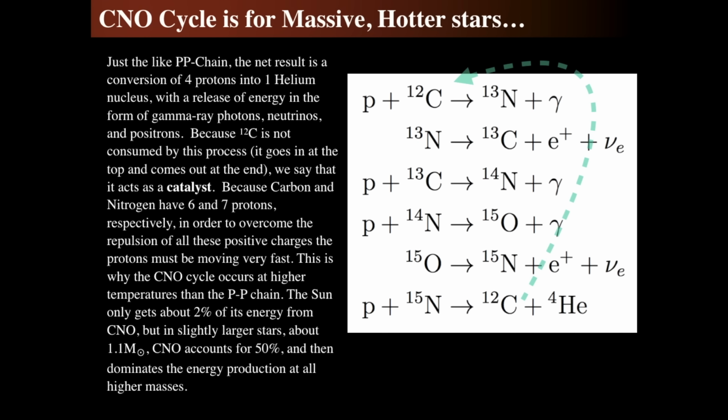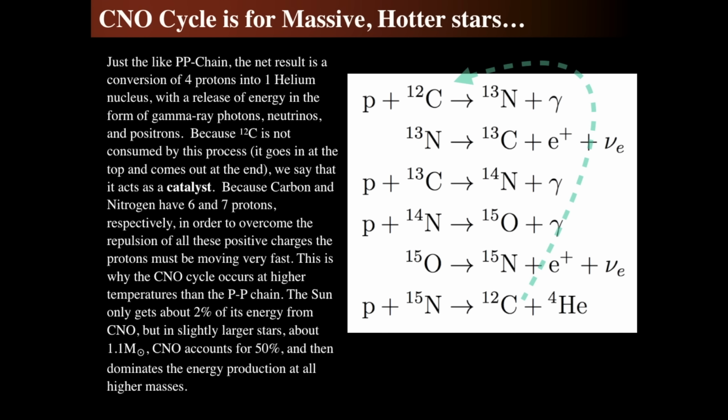And then that nitrogen gets slammed by a proton, and it forms oxygen-15, which itself is radioactive and unstable, falls apart to nitrogen-15, which is briefly stable, and that emits again another positron and a neutrino, and then that gets slammed by another proton, and that forms the chain, which returns it back to a carbon-12 nucleus, and that spits out a helium nucleus.